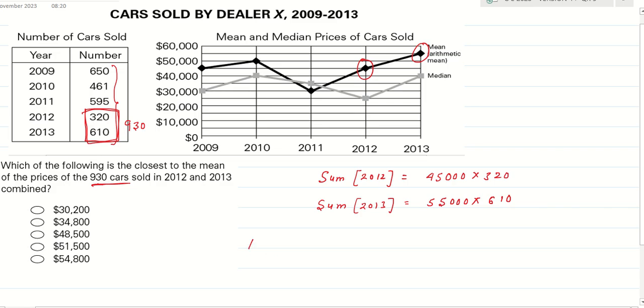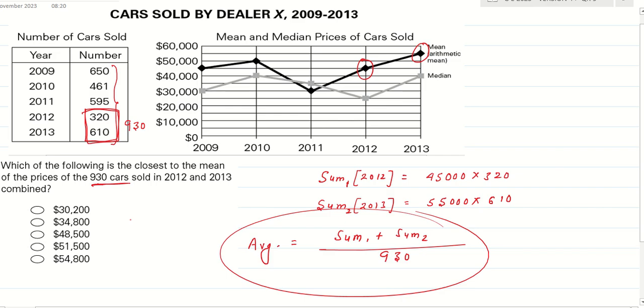Now how to find the weighted average? Again, overall average. Sum 1 and sum 2 together. Add them together. Divide by 930. Now, are you sure? Yeah, sure. Okay, 45,000 into 320, how much you get? 144. How many zeros?